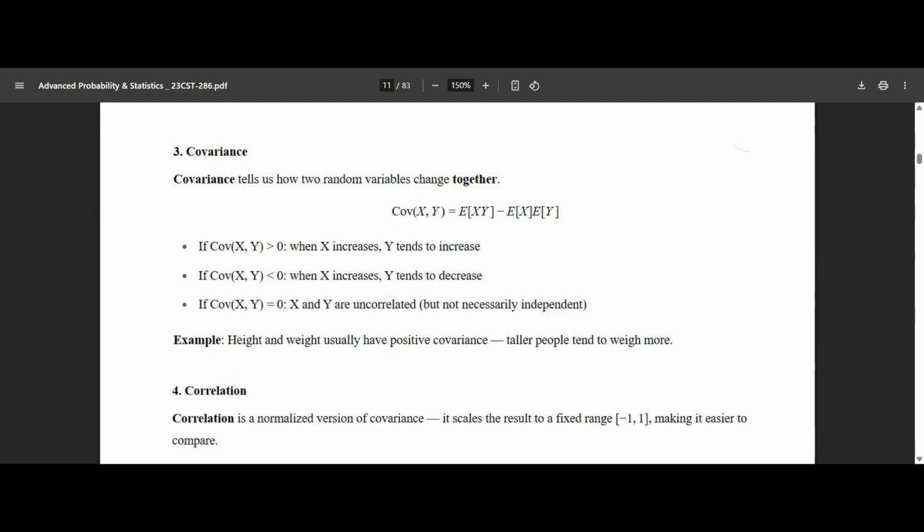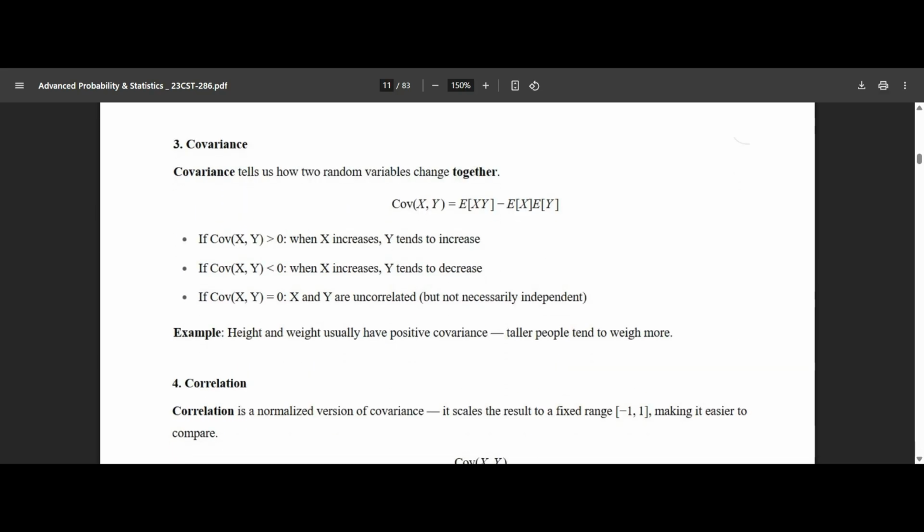And what is covariance? Covariance tells us how two random variables change together.